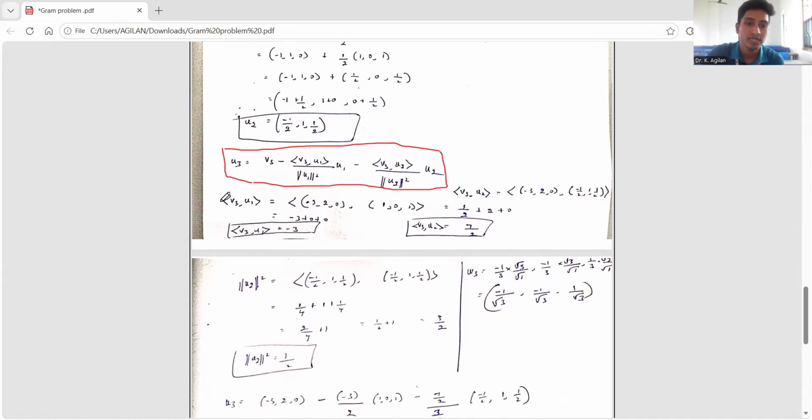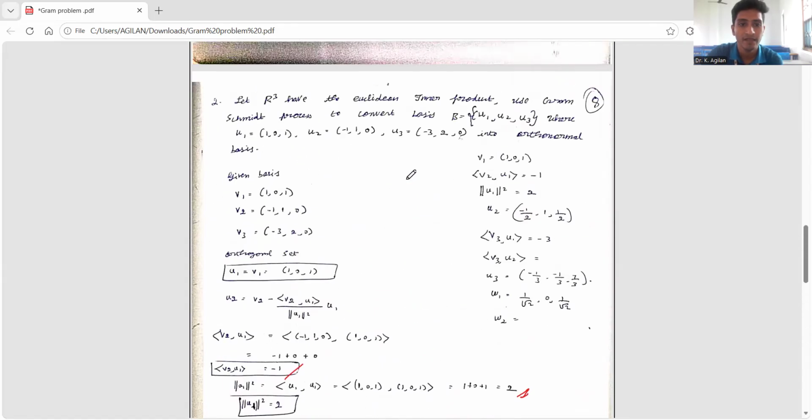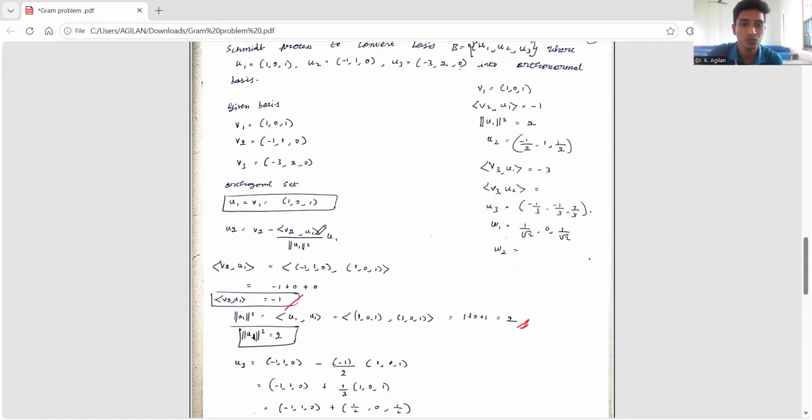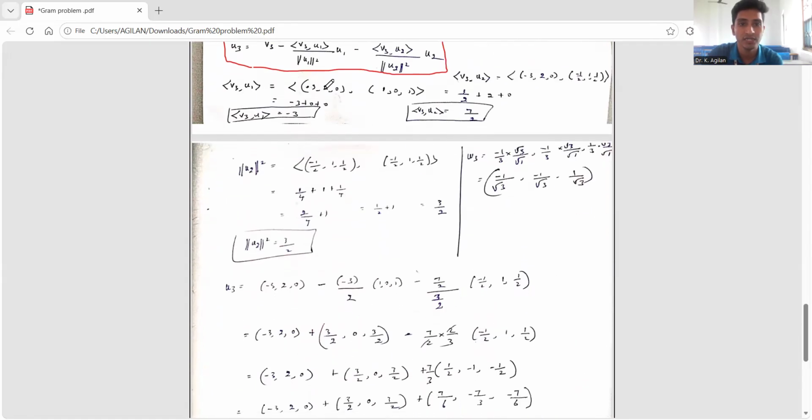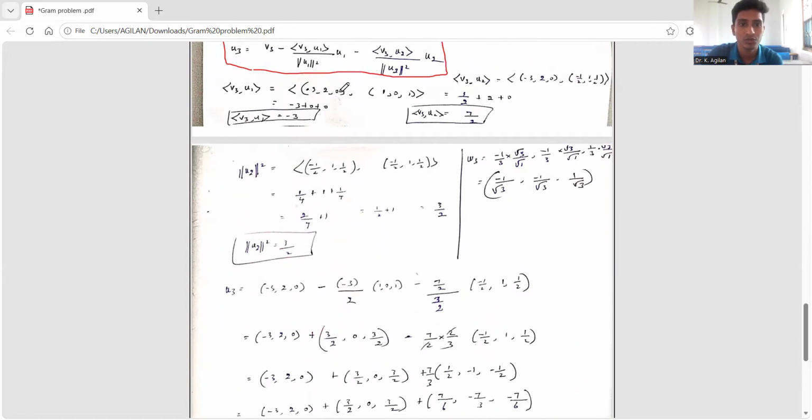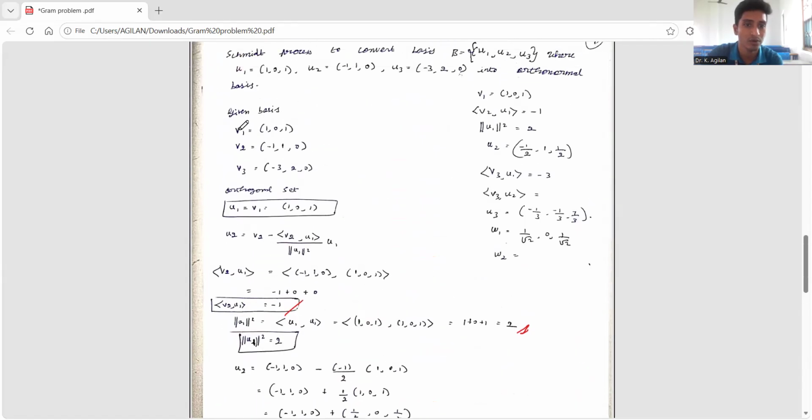What is the inner product of V3 comma U1? It is nothing but the inner product after substituting the V3 value and the U1 value. V3 is nothing but minus 3, 2, 0. What is U1? U1 is nothing but V1, right? We have a formula: U1 equal to V1, V2 equal to some formula, V3 equal to again a formula.